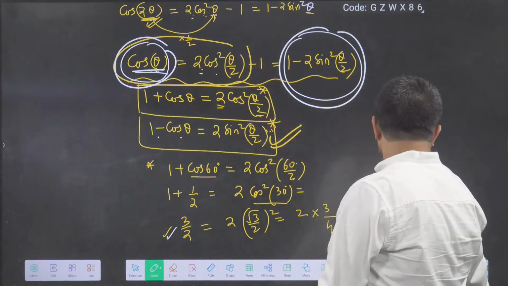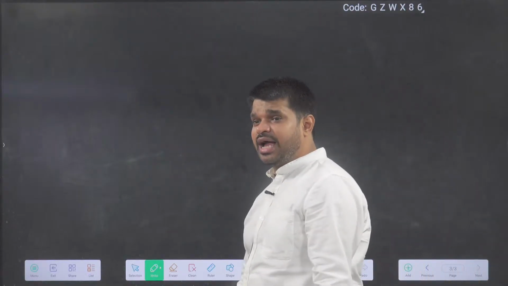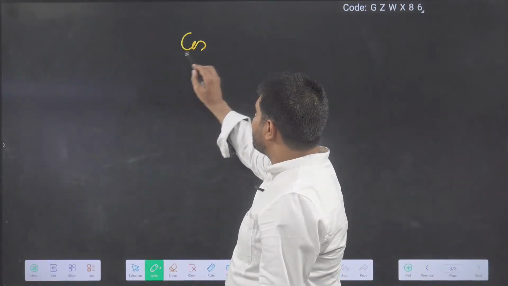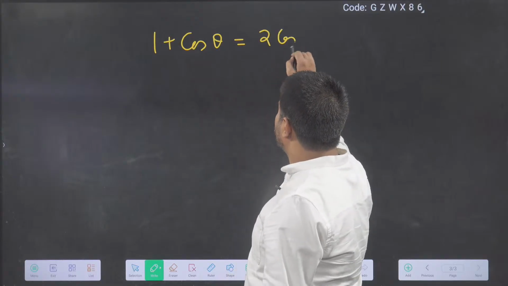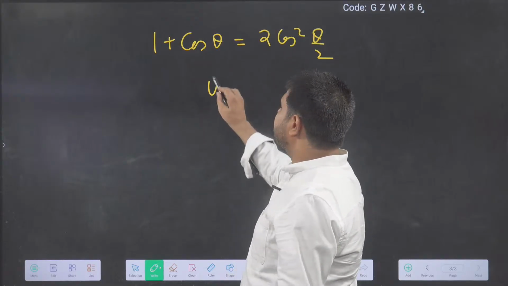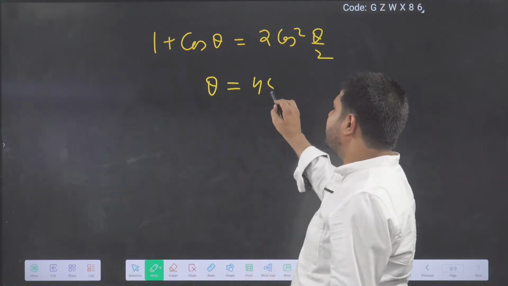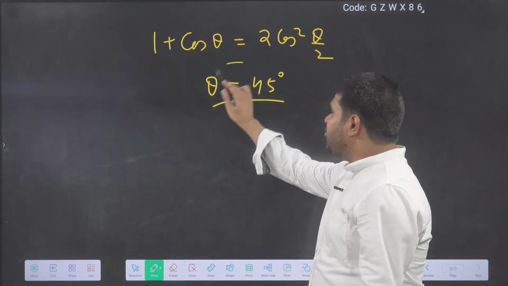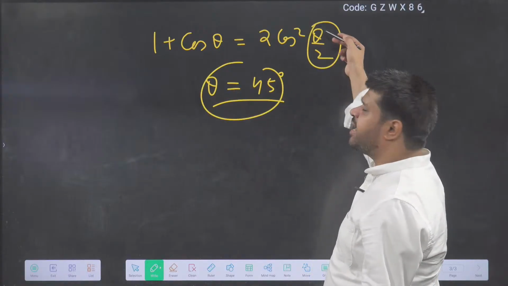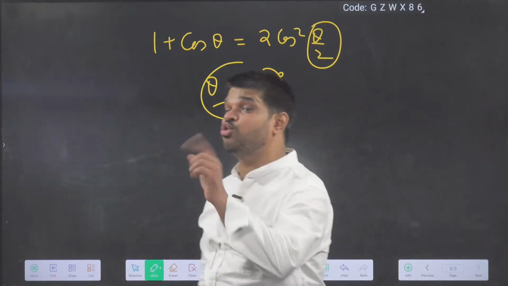Someone is continuously saying that in this formula, 1 plus cos theta equals 2 cos squared theta by 2, take theta as 45 degree. I can take whatever angle I want. Tell me, if I take 45 degree, I will get 45 by 2, which is 22.5.